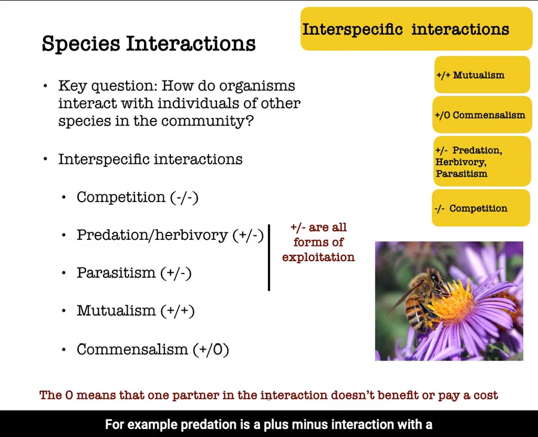For example, predation is a plus-minus interaction with a positive effect on survival and reproduction success of the predator and a negative effect on that of the prey. Predation or herbivory and parasitism can all be characterized as exploitation. Note that the 0 in a definition of commensalism means that one partner in the interaction does not pay either a benefit or a cost.